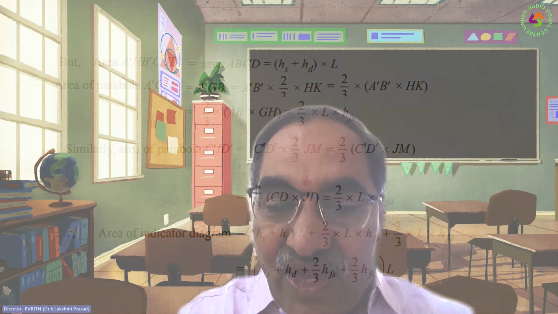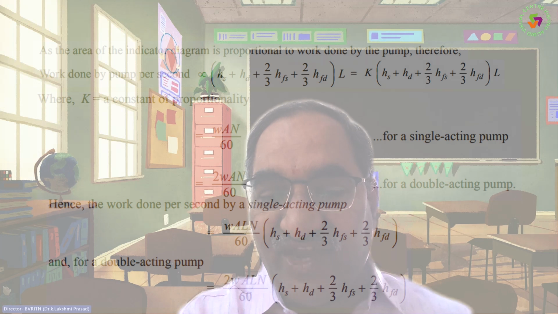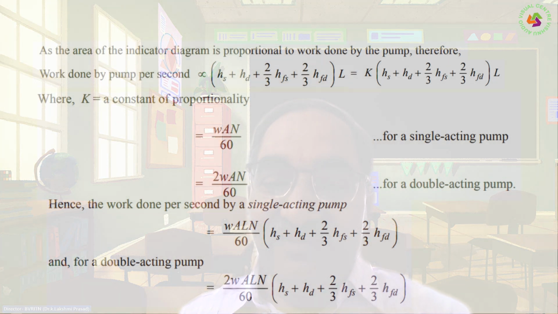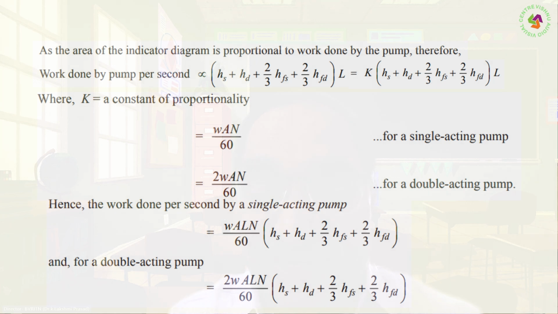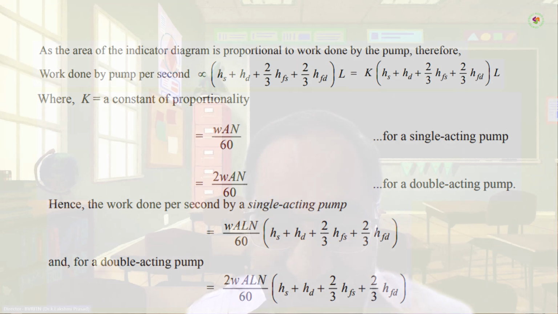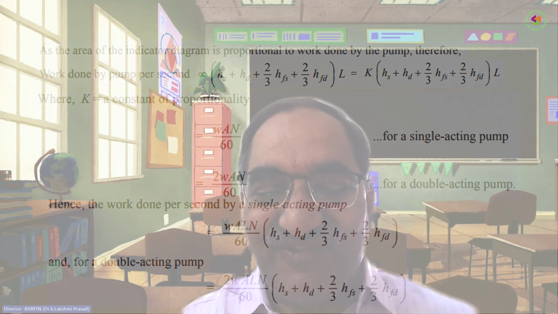So if you consider both the acceleration pressure head effect and the friction loss effect, then how the pressure head is going to change, how the indicator diagram changes, and then how to calculate the work done considering all these things. This is today's focus.